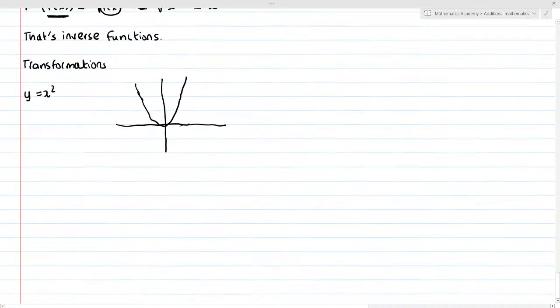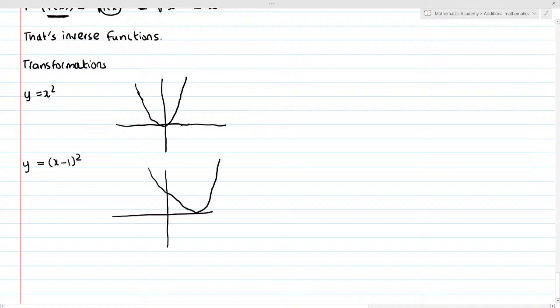And then we saw later on that when we replaced it with x minus 1 squared, that it got shifted to the right by 1. So we got something like this, where the function was shifted to the right by 1.